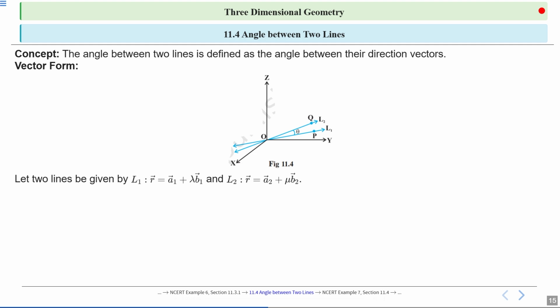Here r is the position vector, a1 and a2 are points on each line, lambda and mu are the parameters, and b1 and b2 are the direction vectors for each line. Then the angle theta between the two lines is simply the angle between the direction vectors b1 and b2.